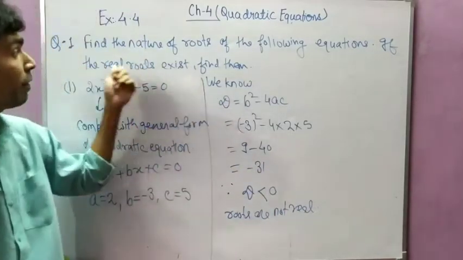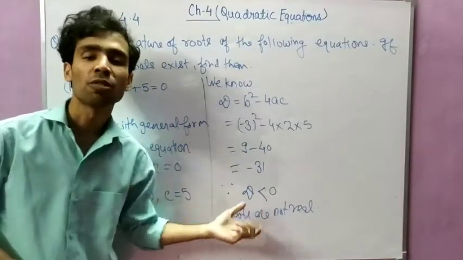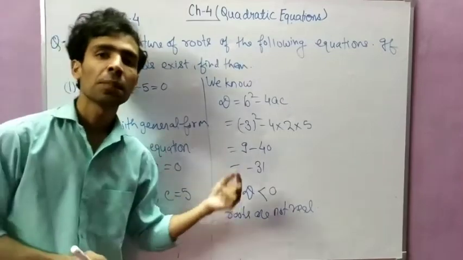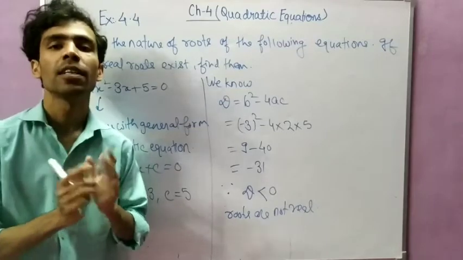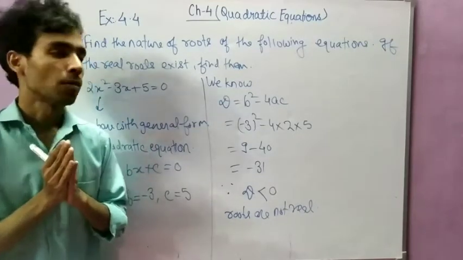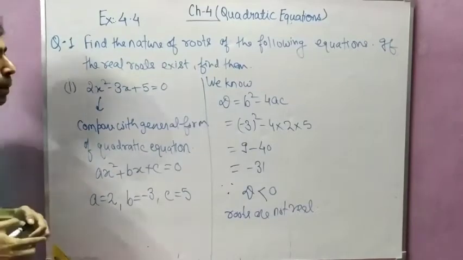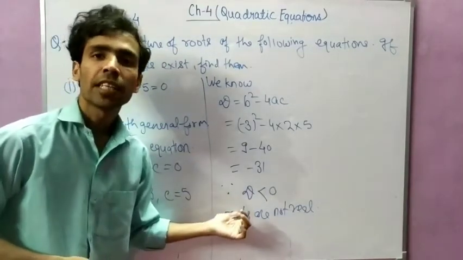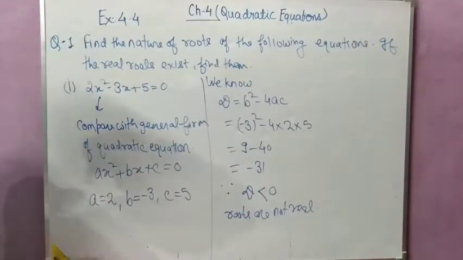Because the question says if real roots exist, and in this case we are getting imaginary roots, so we don't have to find the roots of the equation. By this way you have to solve this type of question. I will not solve further because the value of D comes negative. You have to stop your calculation up to here only.